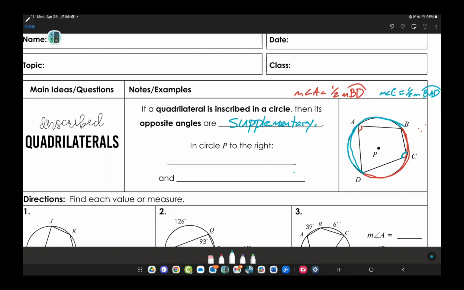So we know the measure of angle A plus the measure of angle C equals 180, and the measure of angle B plus the measure of angle D equals 180.